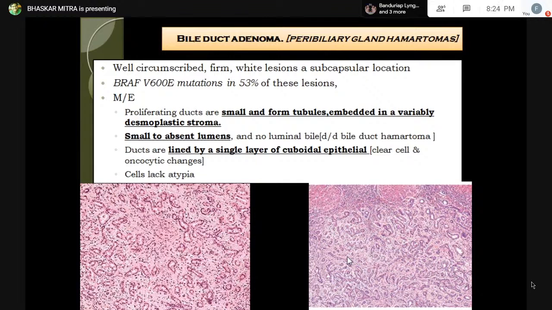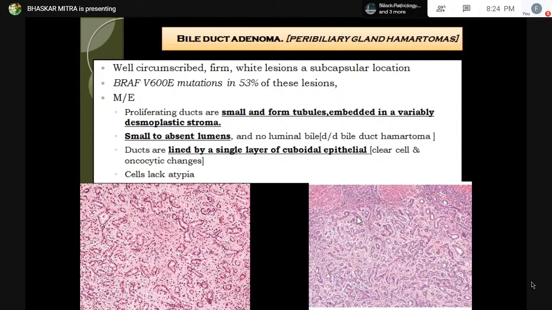Here usually the lumina are not dilated and don't contain bile. This is the differential with the bile duct hamartoma. Now they may sometimes show clear cell changes or oncocytic changes. Here we are dealing with bile duct adenomas.